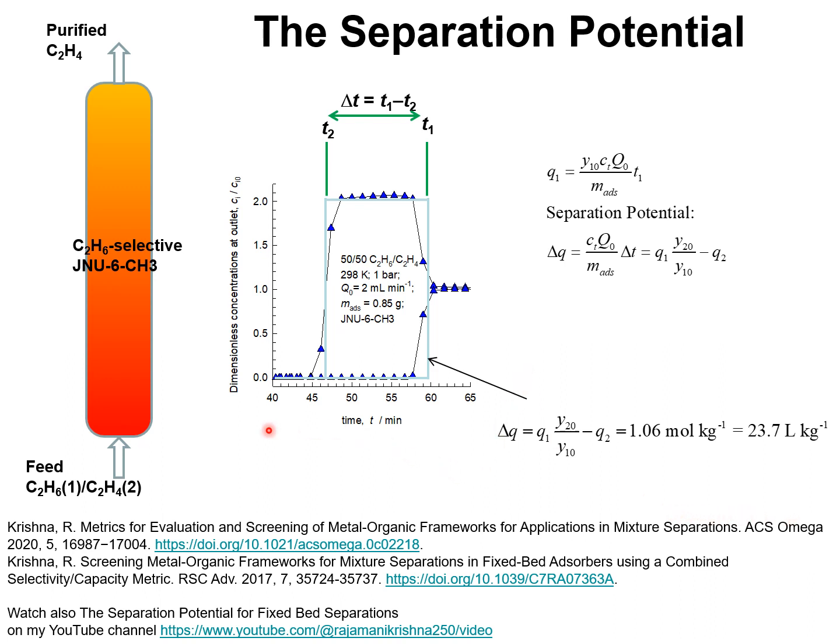I would suggest that this metric, delta Q, is the appropriate metric for screening and evaluating your MOFs, because it is a convenient one that relies only on the IAST calculations of mixture adsorption equilibrium.